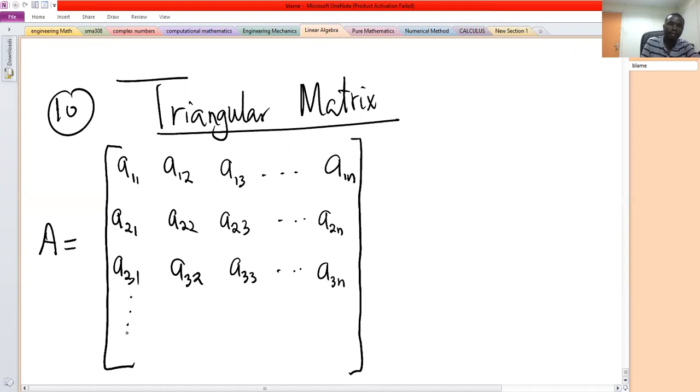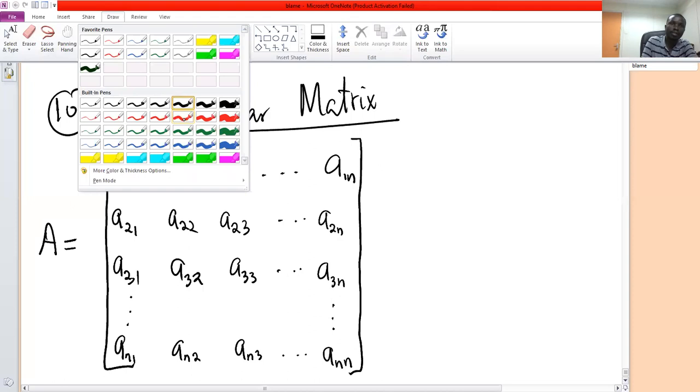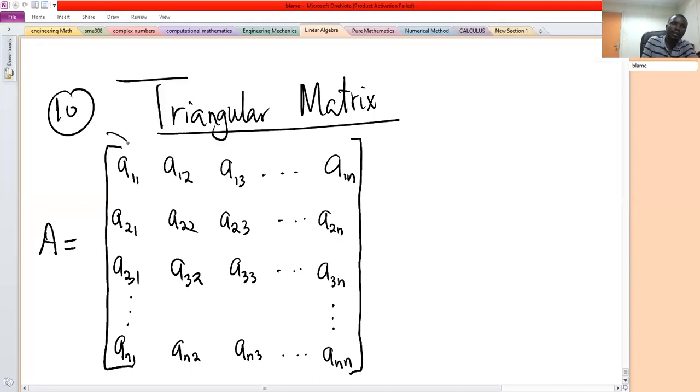This is an n by n matrix, so this would be An1, An2, An3, up to Ann. So we want to use this matrix to define what we call an upper triangular and lower triangular matrix. So this is our main diagonal.